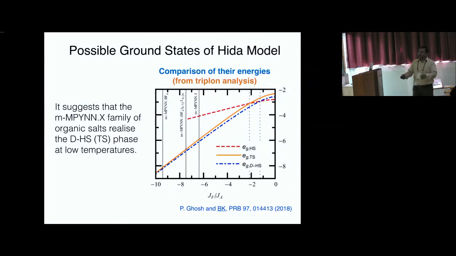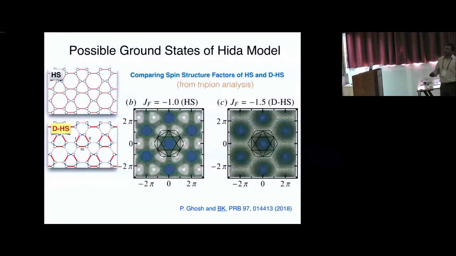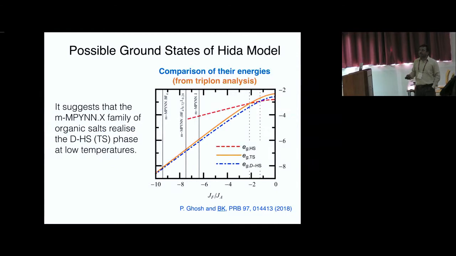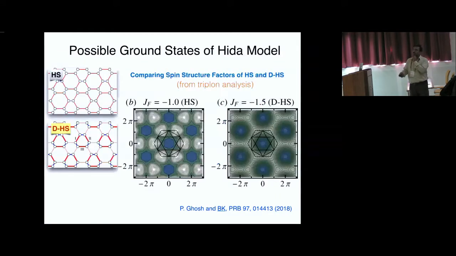You might wonder, all these states are non-magnetic, and from the susceptibility measurement, you can't make out the difference between these subtle differences between the trimerized singlet, hexagonal singlet, and so on. So what can you do?